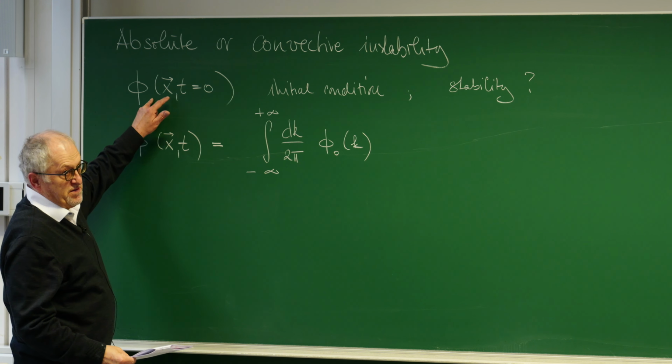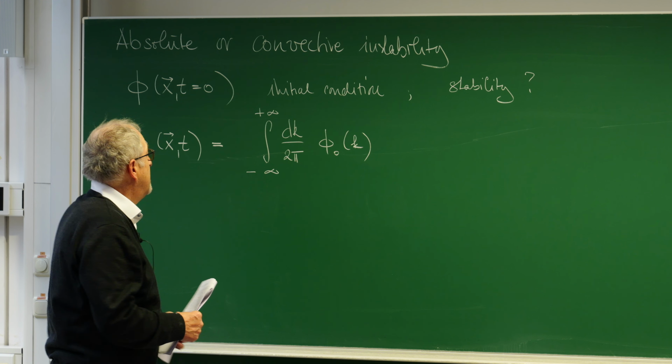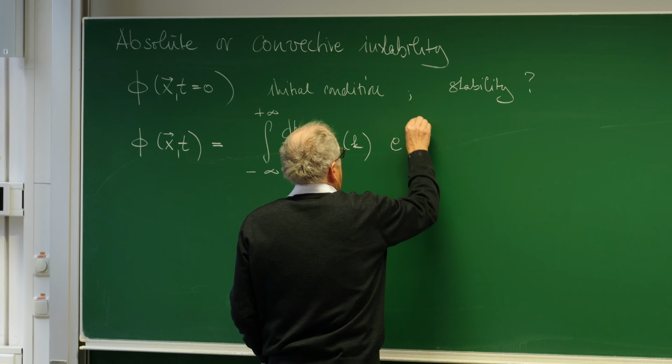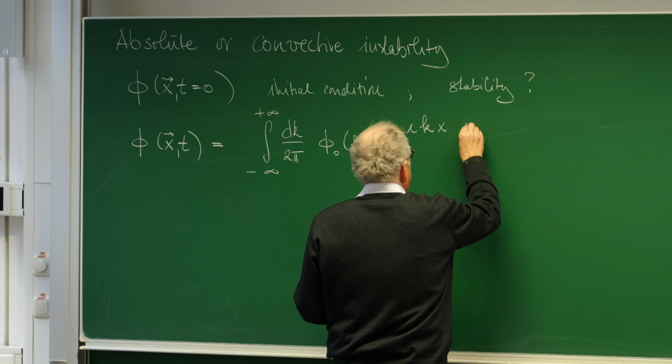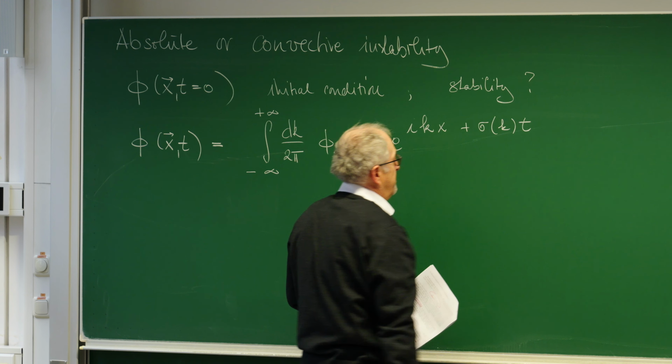This is just the initial condition written in terms of its Fourier modes, and then multiplied by e to the i(kx plus sigma of k t).